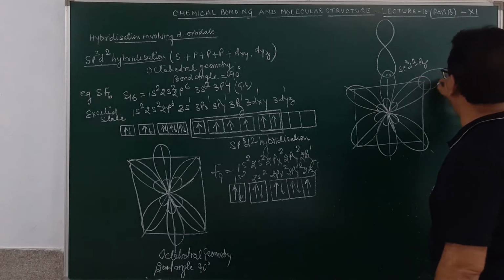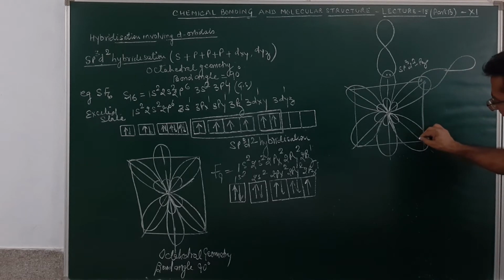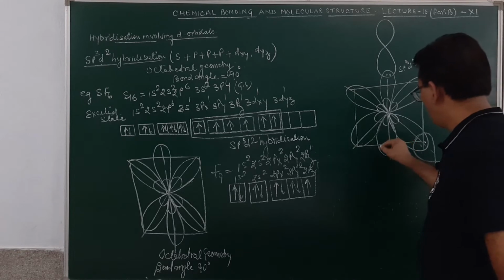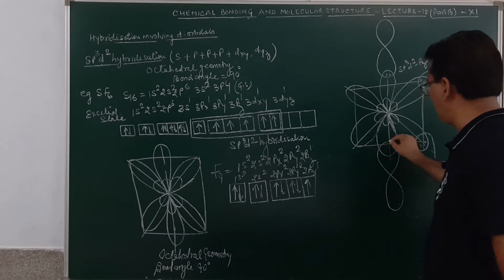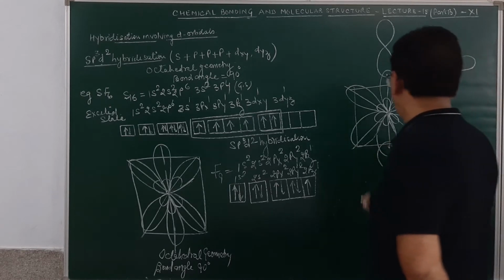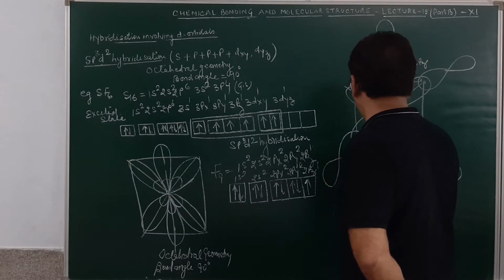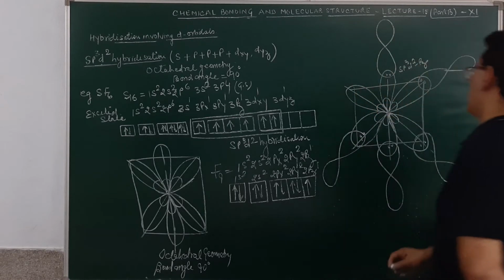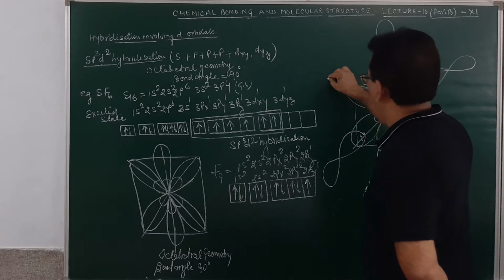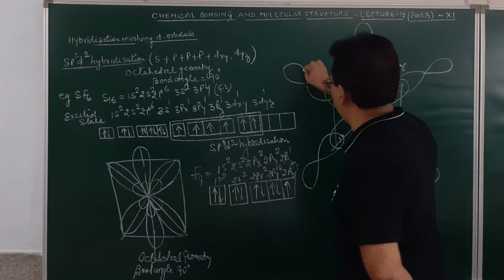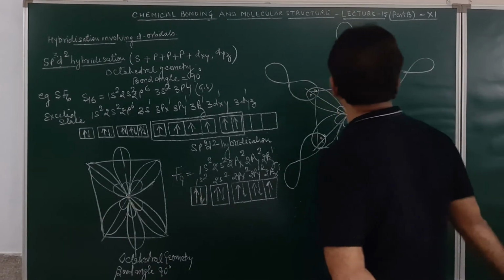Similarly, one of the pz orbitals will overlap with this one. One of the pz orbitals will overlap in this manner, resulting in the formation of a sigma bond. One of the pz orbitals will overlap in this manner, forming a sigma bond. And then one of the pz orbitals will overlap in this manner, forming a sigma bond.